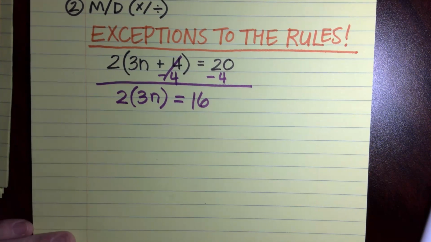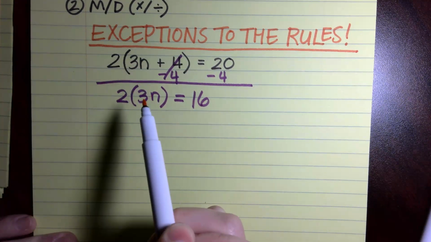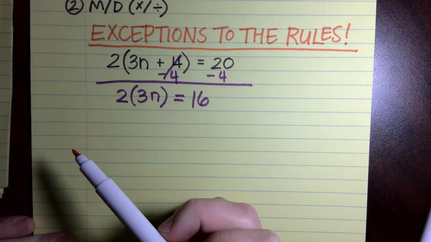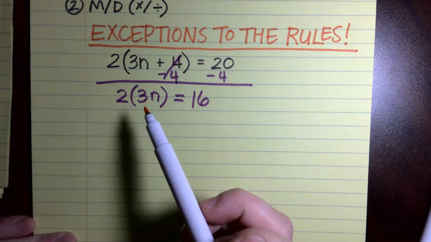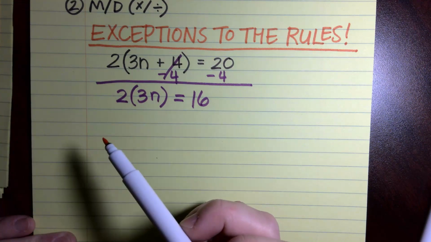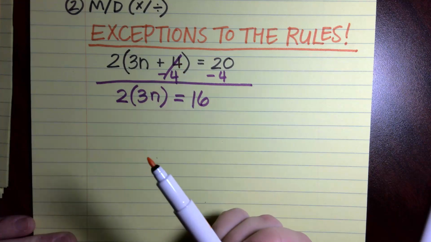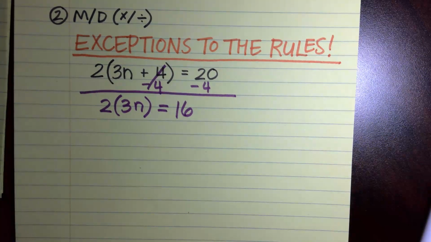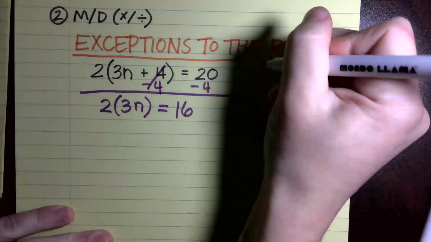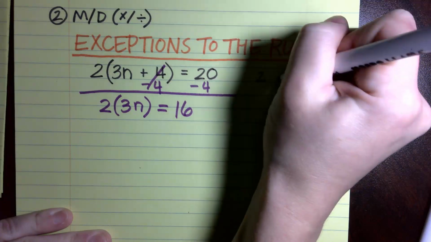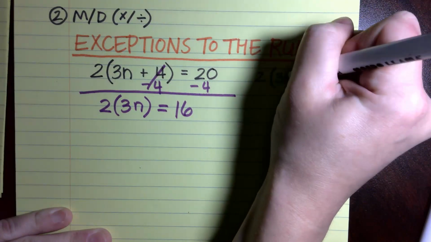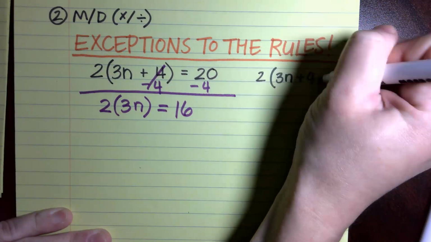Should we? Like the 2 times 3, we could. You want to try that? 2 times 3n, and then the 2 times the 4. Okay, so that's a different way of doing it. Let's try this. Let's write this out to the side over here. 2 times 3n plus 4.